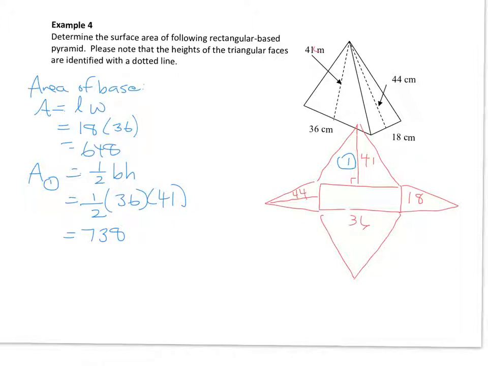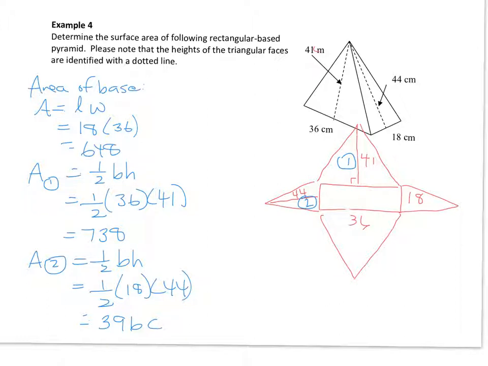And then the second triangle, which is the skinny ones that come up from the 18 centimeter side. And again, there's 2 of those as well. So 1/2 the base times the height will be 1/2 of 18 times 44, giving us 396 square centimeters.